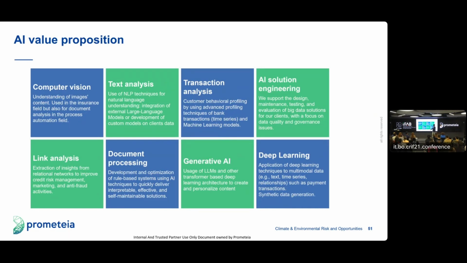We will see how we are dealing with computer vision, document processing and text analysis, but we are also very active in generative AI, not only for text, ChatGPT and everything, but also to generate data, more specifically, for example, transactions. Which is quite an interesting topic, I would say.